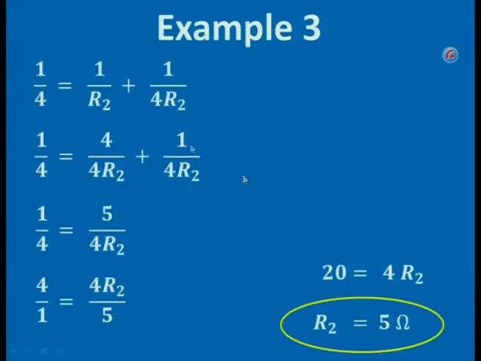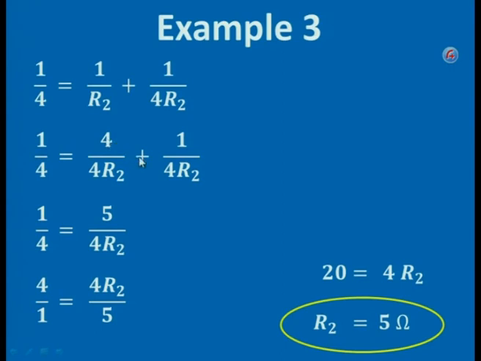Now we add them just as if R2 was X. So 4R2 needs to be added, the R2 needs to be converted also to 4R2. So you times it with 4 to get to 4R2, and what you do at the bottom, you must do at the top. 1 times 4 is 4.